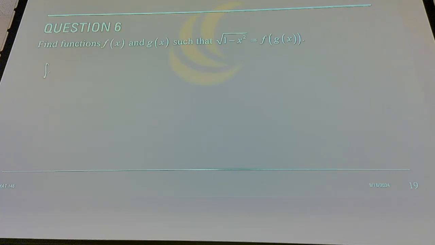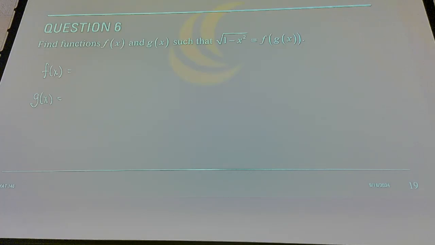So what about here? What do we think? G of x equals 1 minus x squared. What's that? X squared. What is it?